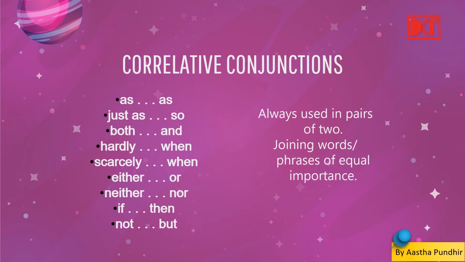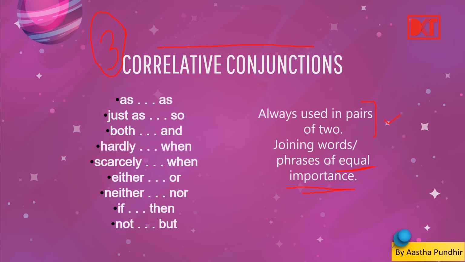So the third category of conjunctions we have is correlative conjunctions. What do correlative conjunctions mean? The name tells us that they relate to each other. So they are always used in pairs of two, and they join words or phrases of equal importance.